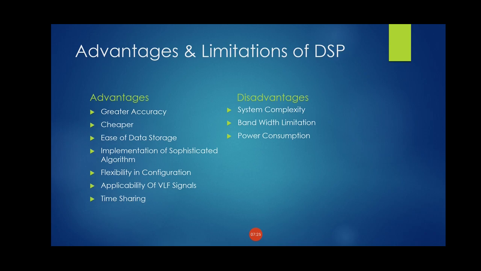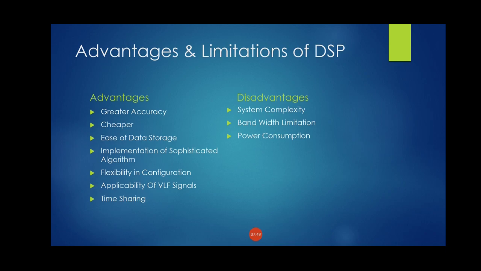All these blocks come into existence because we are using a digital signal processor to process analog signals. So that means it is increasing the system complexity. The number of blocks is increased, so complexity is increased.